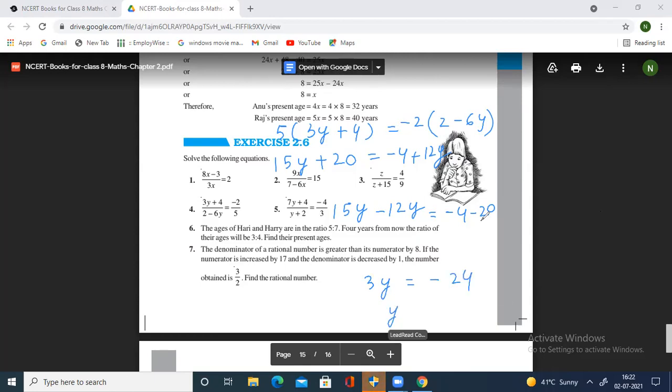Or you can say y is equal to minus 24 upon 3. So y comes out to be equal to minus 8. So this is the case of cross multiplication. You can just multiply them like this and like this, just like a cross.